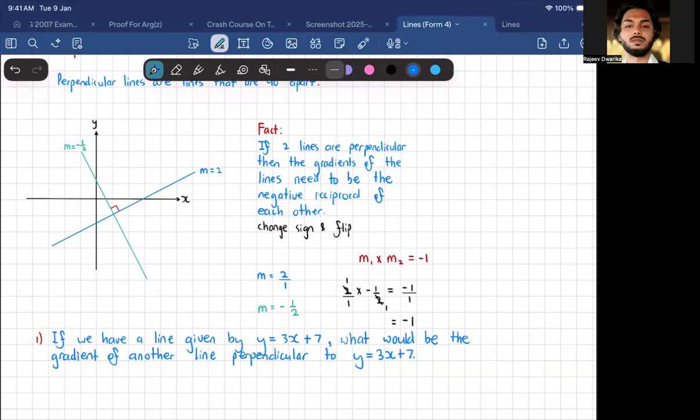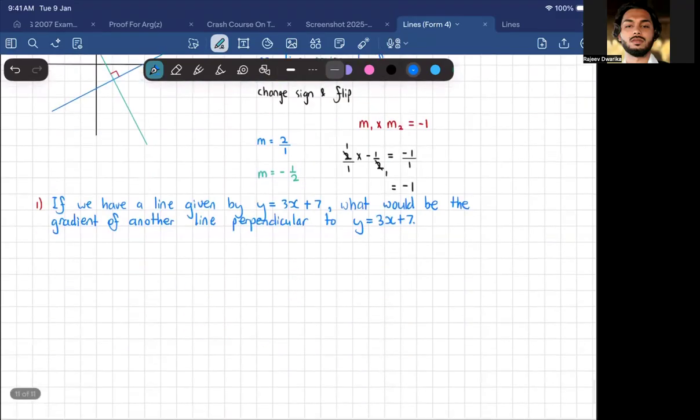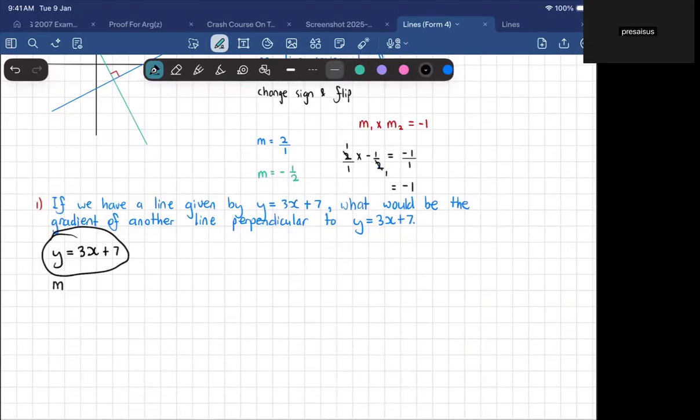All right, so Perseus, first things first, the line that they are giving us is y equals 3x plus 7, yeah? So they're giving us that. Can we figure out what the gradient is for that line immediately? What would the gradient for this line be? mx plus c is the equation of the line.